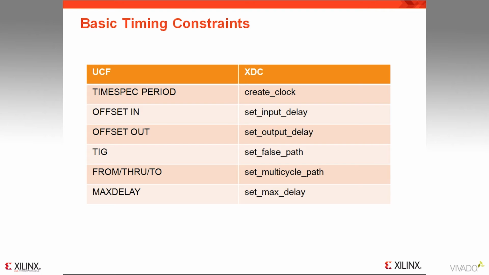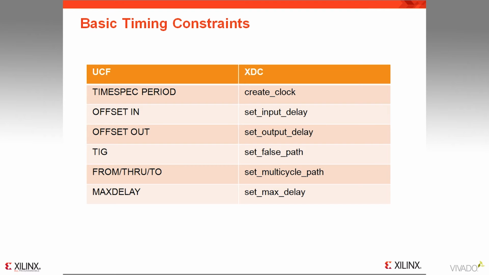The most important constraints are always clock specifications, which in UCF are achieved predominantly with period constraints and time specs. In XDC, clock constraints are specified with the create_clock constraint. I/O timing constraints are specified in UCF with offset in and offset out constraints.